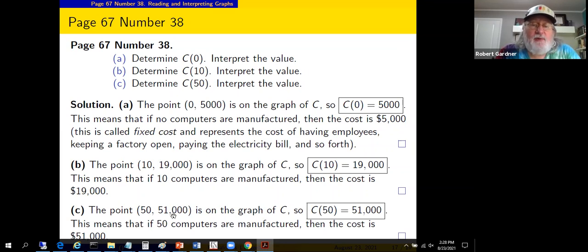The point (50, 51,000) was on the graph of C. So when we plug 50 in, we get 51,000 out. That means the cost of making 50 computers is $51,000. And they didn't say anything about how much you sell them for, what the revenue was and what the profit was. So this is all about the cost function.